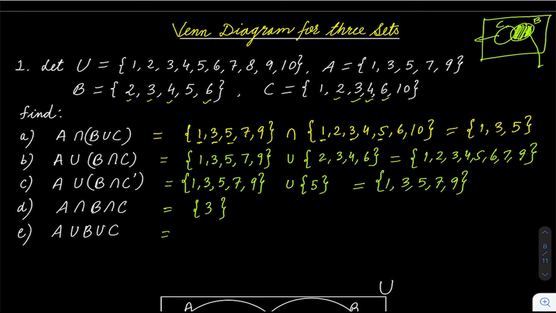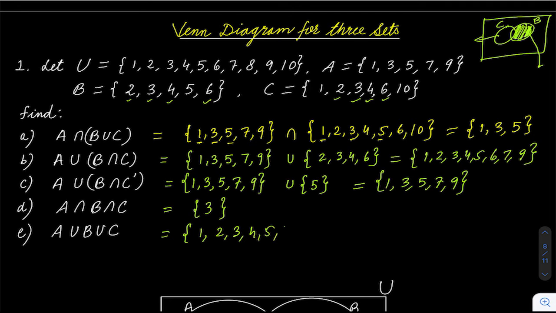Next, A union B union C. Union means "or", right? So A or B or C. It means we have to write all the elements that are there in A, B, and C, and just try not to repeat. So 1 is there, 2 is there, 3, 4, 5, 6, 7, 8 is not there, and apart from it, every element.